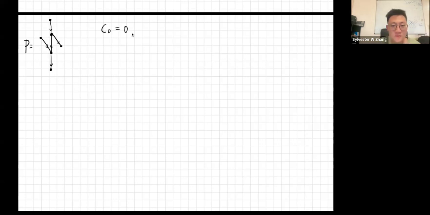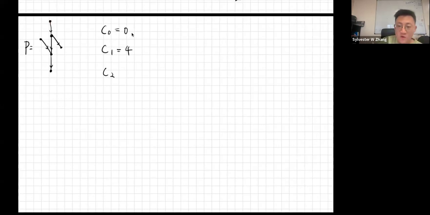First of all, C_0 is 0, because if you take 0 chains, you can cover nothing. Then C_1 is the maximal size of a chain in the poset, so the longest chain, and C_1 is going to be 4. C_2 is the maximal number of elements you can get using 2 chains, and you can already cover everything.